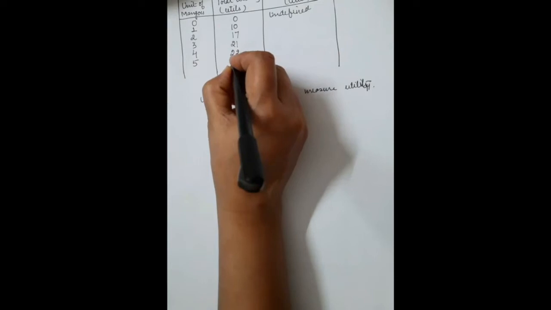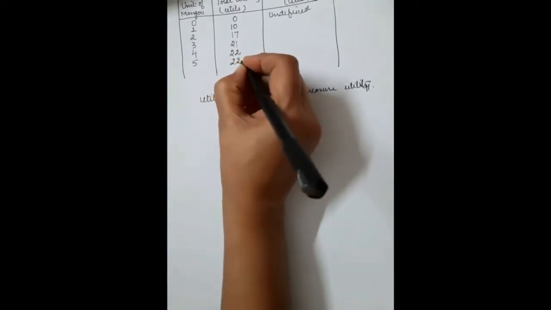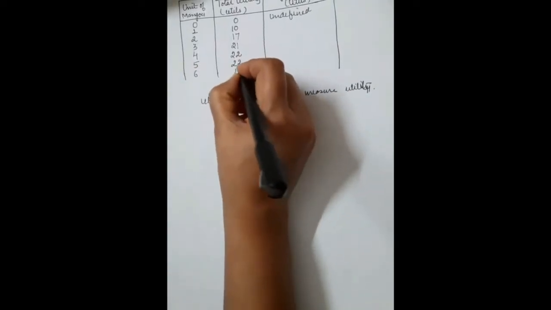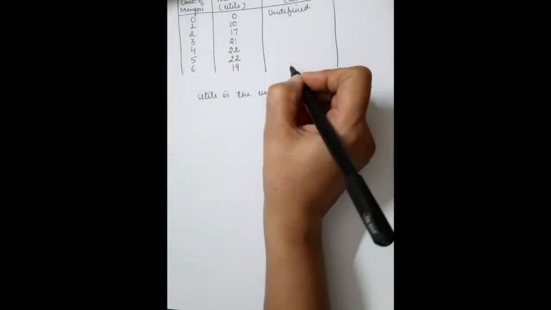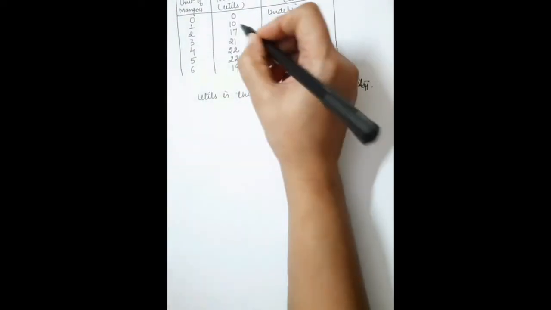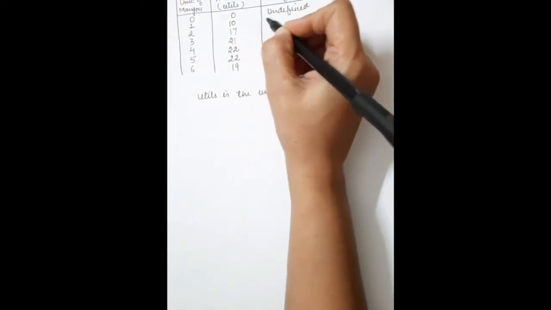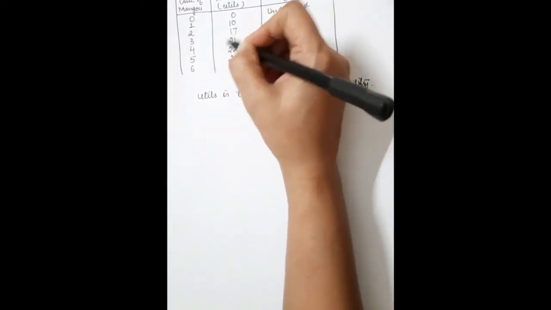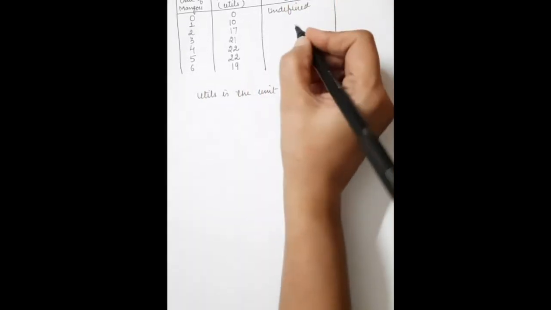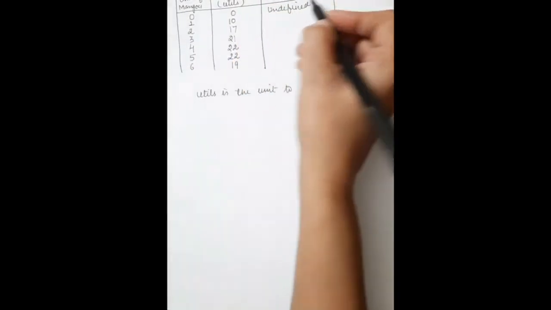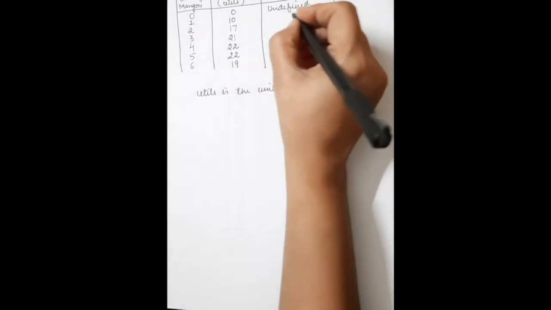Fifth unit, again 22 utils. And sixth unit, 19 utils. We will go into the logic later on. This is the total satisfaction which the consumer derives after consuming 6 units of a commodity, mango in our case. Now how can we derive marginal from total?